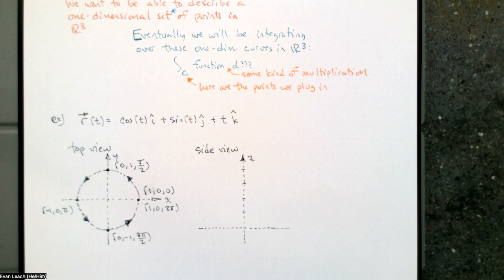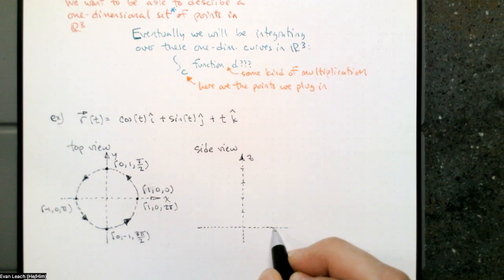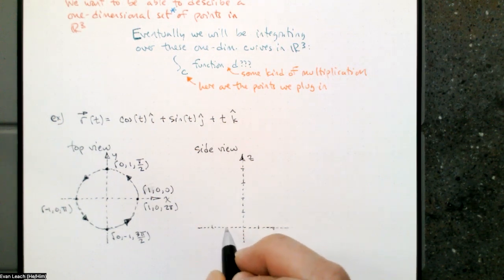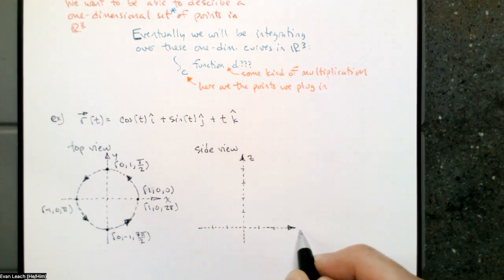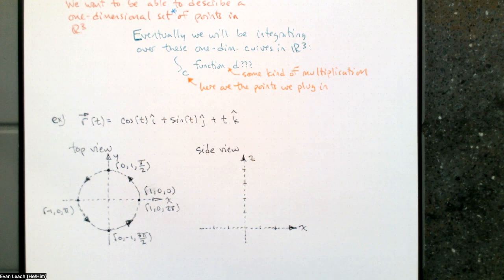It's a circle from the top, but let's see this staircase from the side. I'm just going to put the x-axis over here, and I'm going to look at what's going on with x and z. We can't see the y. I can see the x and the z. Y is actually going down into the paper.